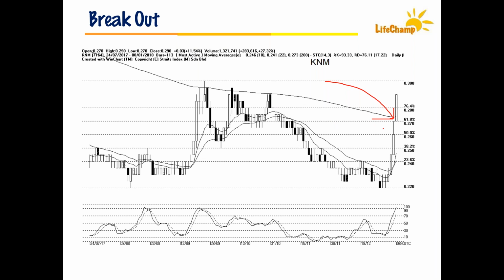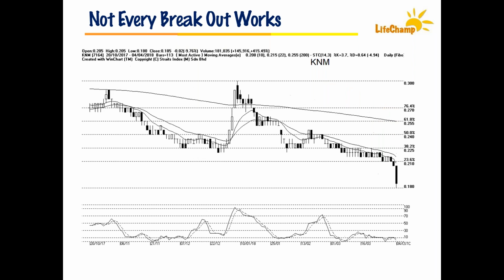The price is testing and breaking the resistance, so usually the price will go higher at this point. But in reality, what happened was that the price may have broken the long-term resistance, but in the end the price actually went even lower.